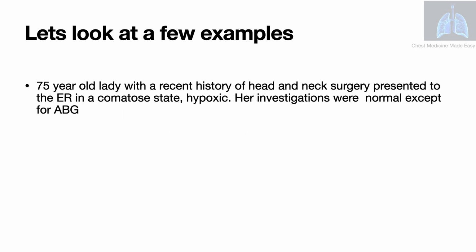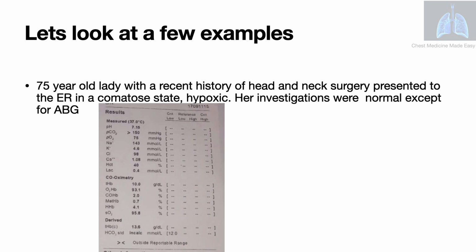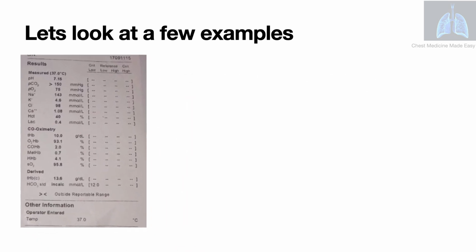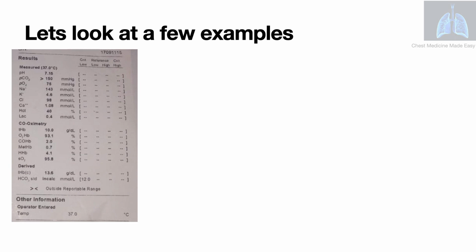A 75-year-old lady with recent history of head and neck surgery presented to the ER in a comatose state and hypoxic. Her investigations were normal except for the ABG, which is shown here. You may note that she was on 40% of oxygen when this ABG was taken.